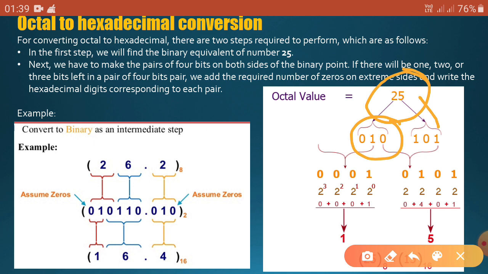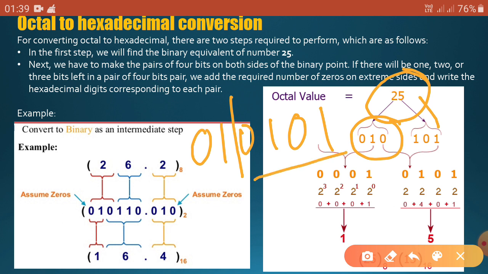So here the number is 010101. We have to convert it into hexadecimal, so we make groups of 4 bits. Here one group is 0101, but the other, to make it a group of 4 bits, we add 2 zeros at the left side. Now it is a group of 4 bits.